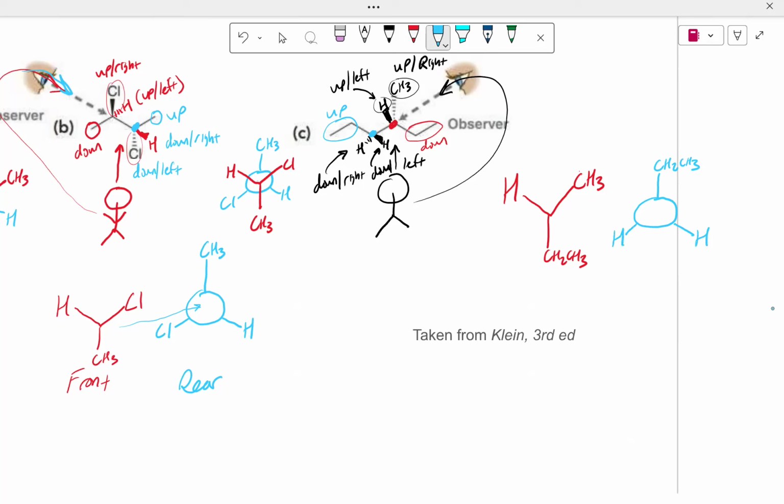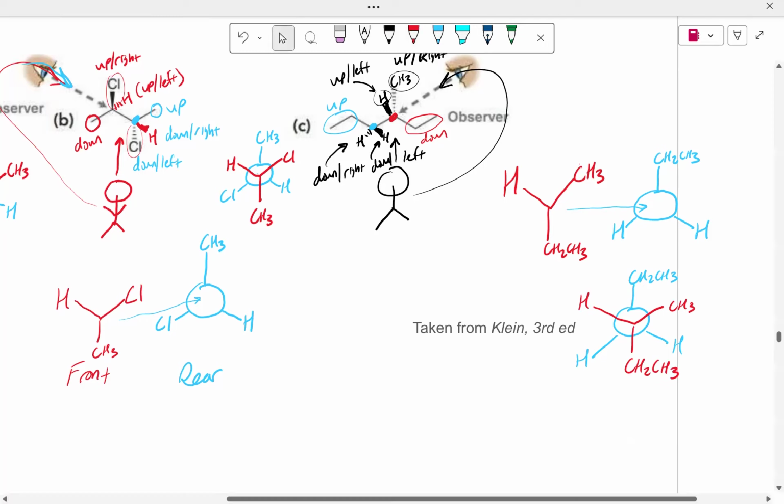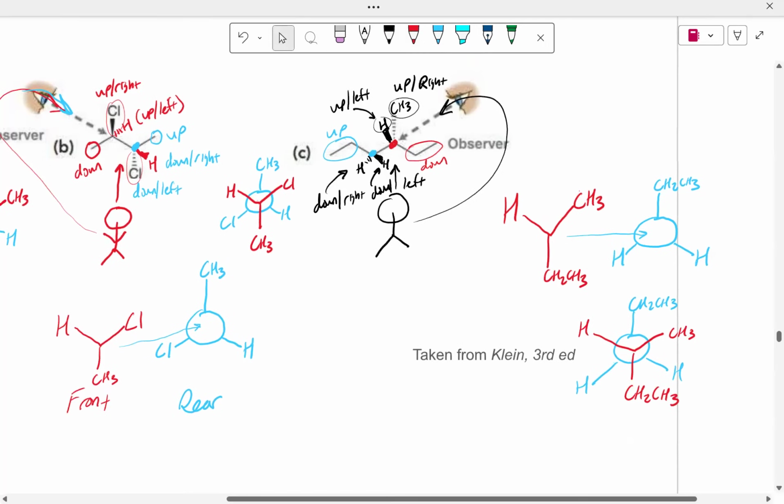And like before, I'm going to merge these two together to make the Newman projection. And then my front carbon looks like this. All right, so the only thing that changes if you're observing from the opposite direction is what is left and what is right.